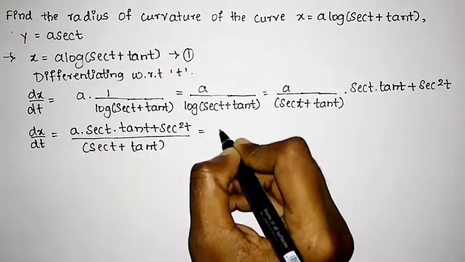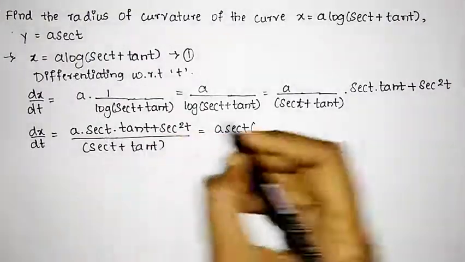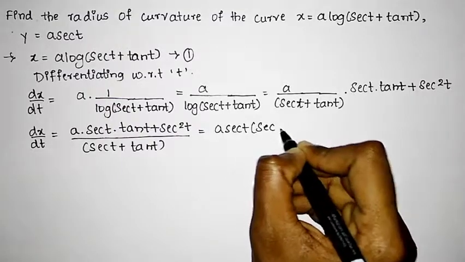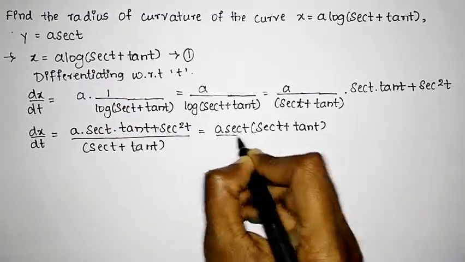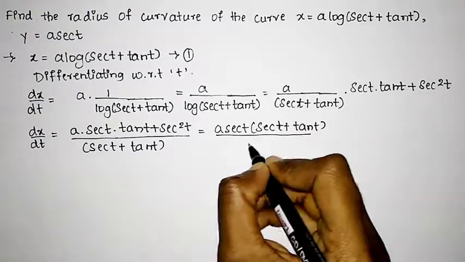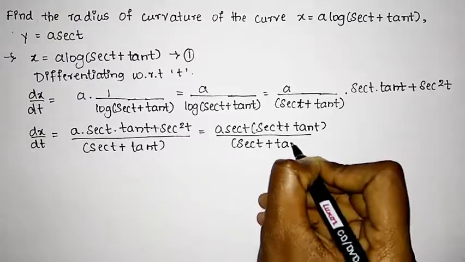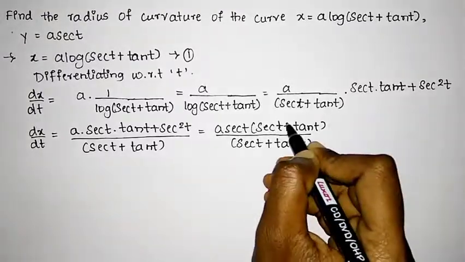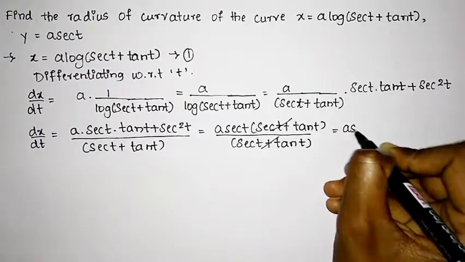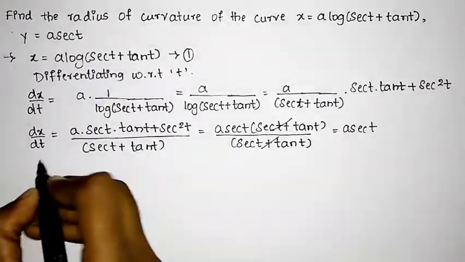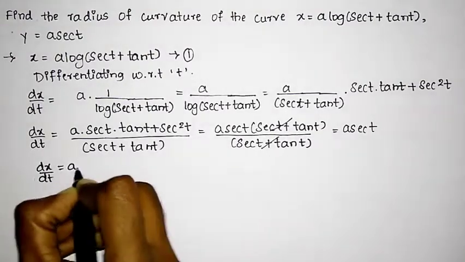So we can write it as a into sec t into bracket, remaining will be sec t plus tan t, whole divided by sec t plus tan t. So here we can cancel sec t plus tan t and sec t plus tan t. So remaining is a into sec t. So therefore we found that dx upon dt is equal to a into sec t.